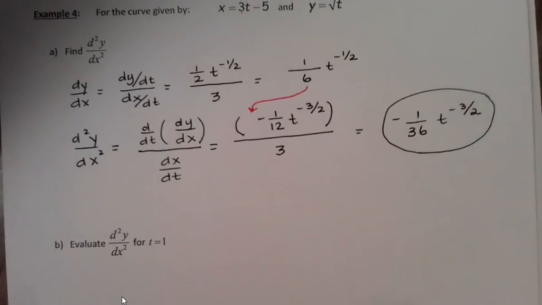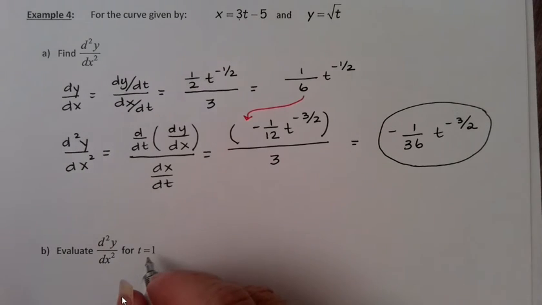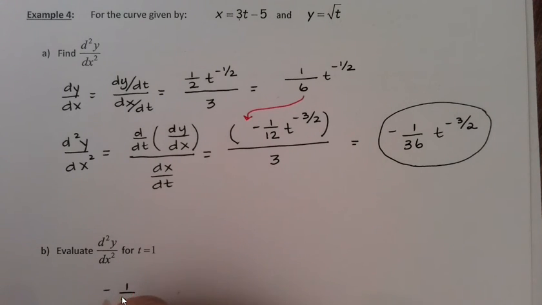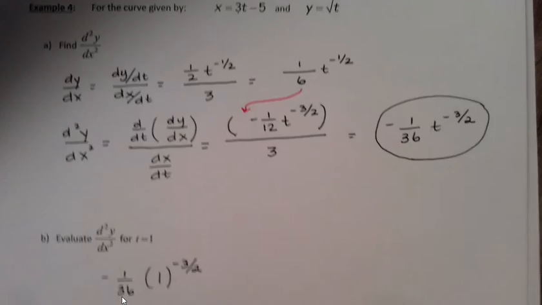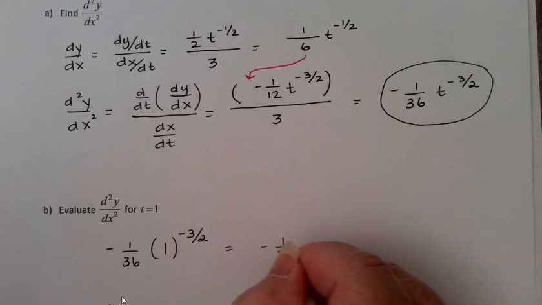All right, part B asks us to evaluate that second derivative for t equals 1. And so, of course, just plugging 1 into this, I'd have negative 1/36 times 1 to the negative 3/2. 1 to any power is still 1. So I'm just going to get negative 1/36.